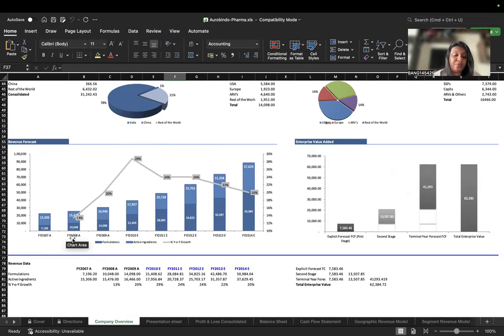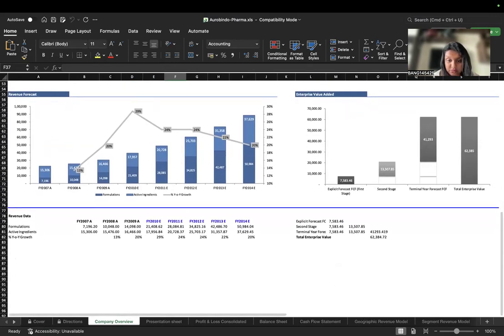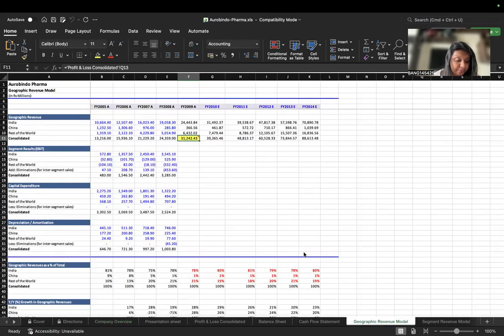And now let's click over to the geographic revenue model sheet to see the growth expected. This model forecasts India will remain the powerhouse, growing from rupees 24,444 million to over rupees 70,890 million.